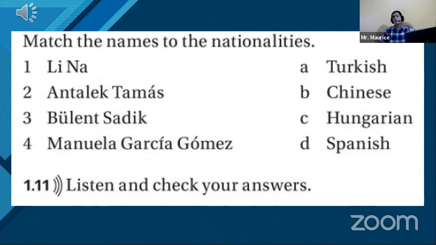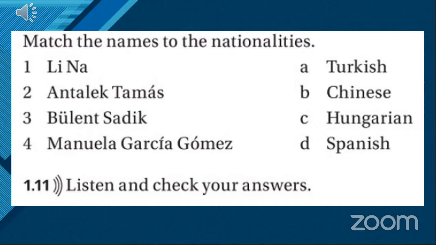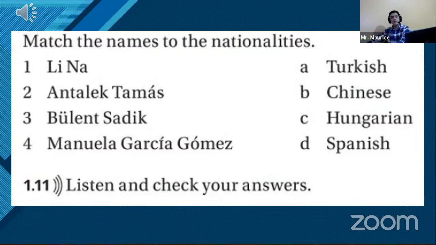Help me with number 4. Where is Manuela Garcia Gomez from? Spanish. Okay. What is the country? Where is Manuela Garcia Gomez from? Spanish is the language or the nationality.